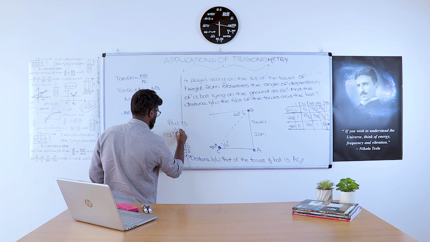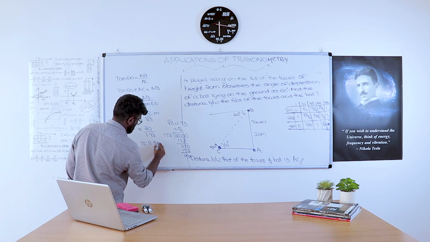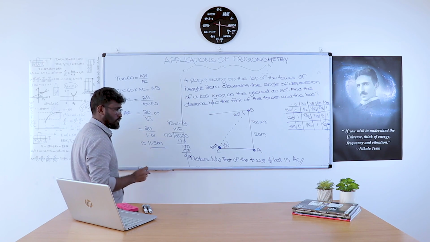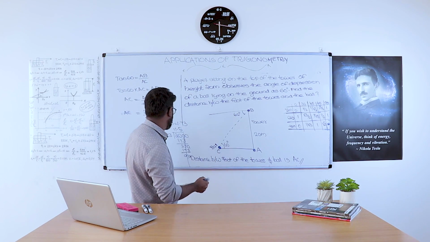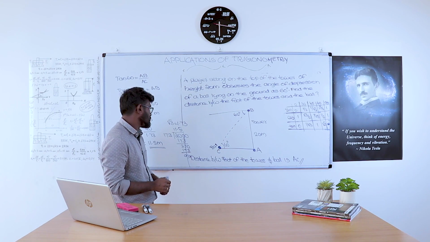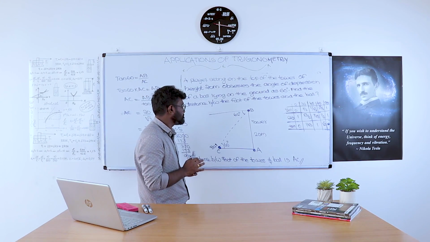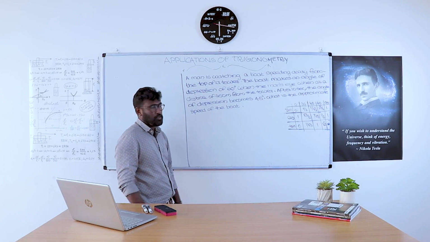So 11.5. Approximately equal to 11.5 meter. So this distance AC is 11.5 meter. That is the distance between the foot of the tower and the ball is 11.5 meter. So moving to the next problem.